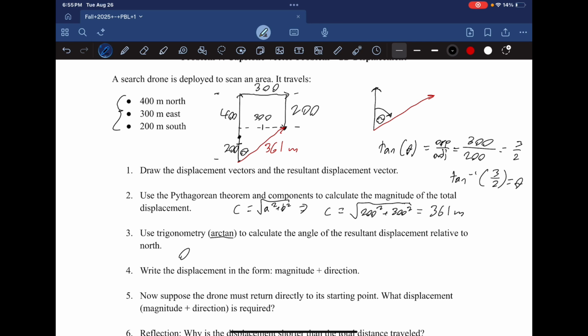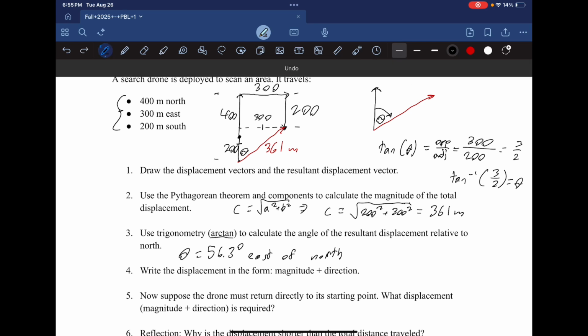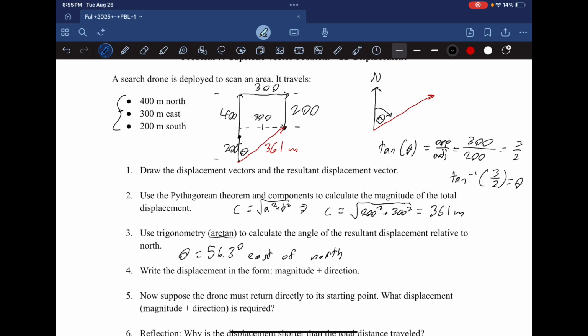I've already done the calculations. Theta is 56.3 degrees east of north. And again, looking at this part up here, this is north, over here in this direction is east. And so if we're going east of north, we're going towards east, so in that direction. So this angle here is going to be 56.3 degrees.